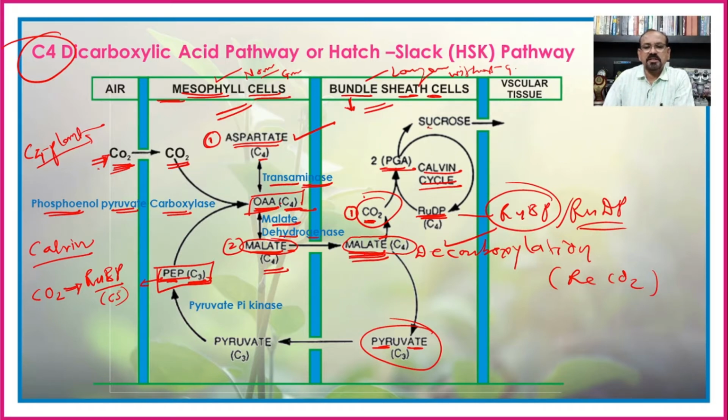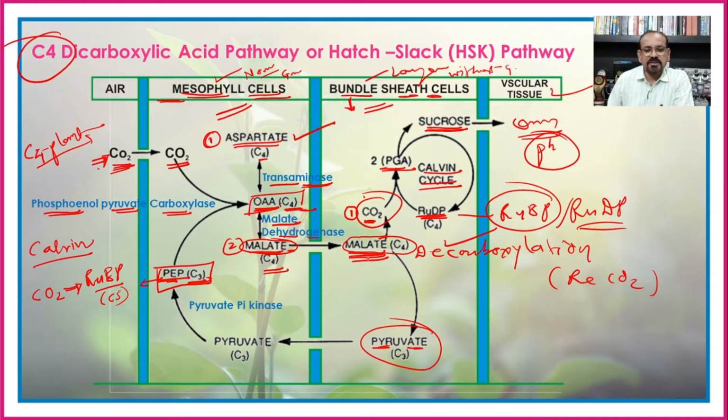After synthesis of the sucrose from the 2 molecules of fructose 6-phosphate, it is transported into the vascular tissue. We know that after formation of the organic solute, it is transported to the phloem, and through the phloem it is transported to different parts of the body.